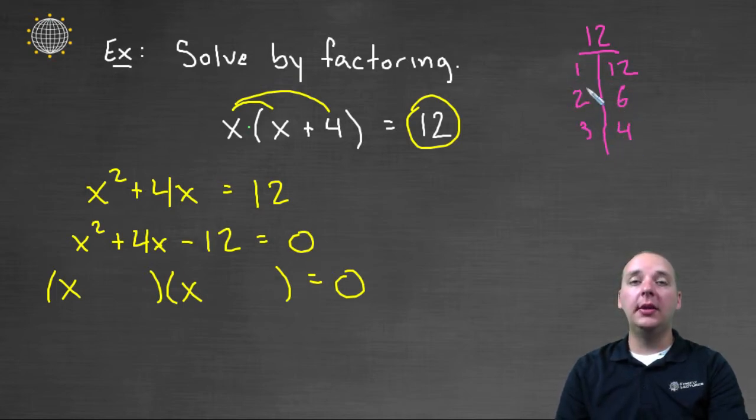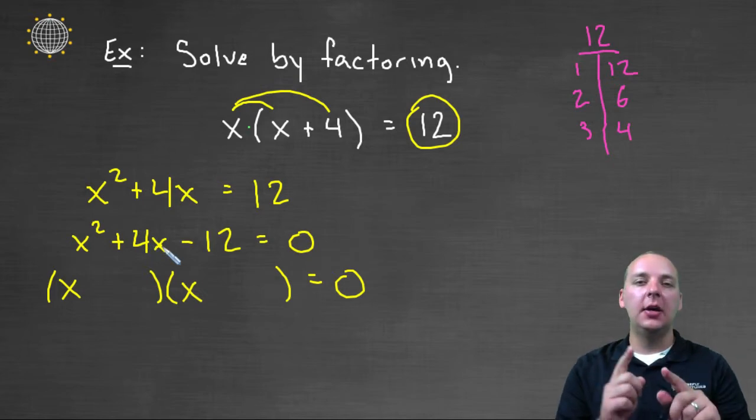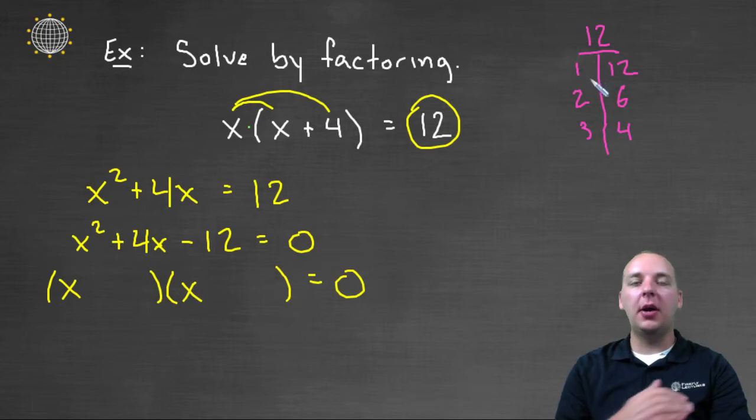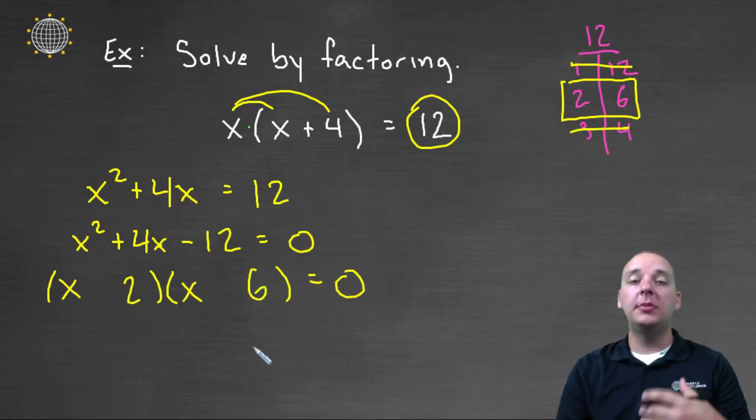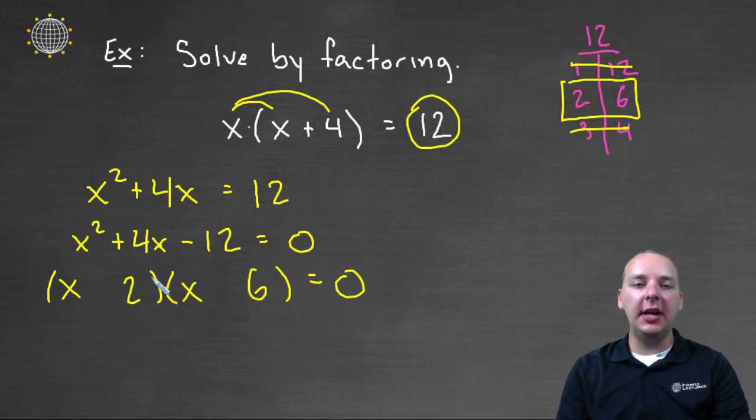And I'm looking for one of these factorizations that will add to a positive 4x, if I could have the signs be anything I wanted. 1 and 12, it doesn't matter what the signs are, that will never add to a 4. Same thing with 3 and 4. But a 2 and a 6, now I'm not saying that 2 and 6 are the definitive correct numbers, but they're worth a closer look, because there's at least a chance that these could be the two correct numbers.